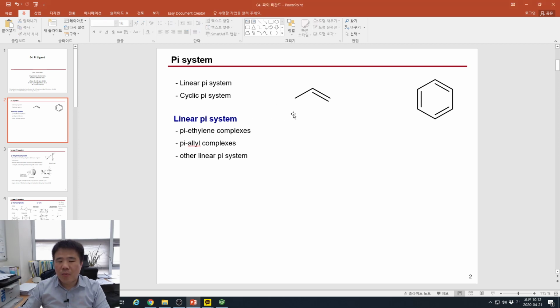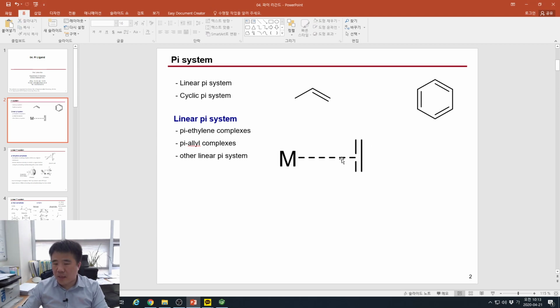So in the linear pi system, ethylene is just this type.